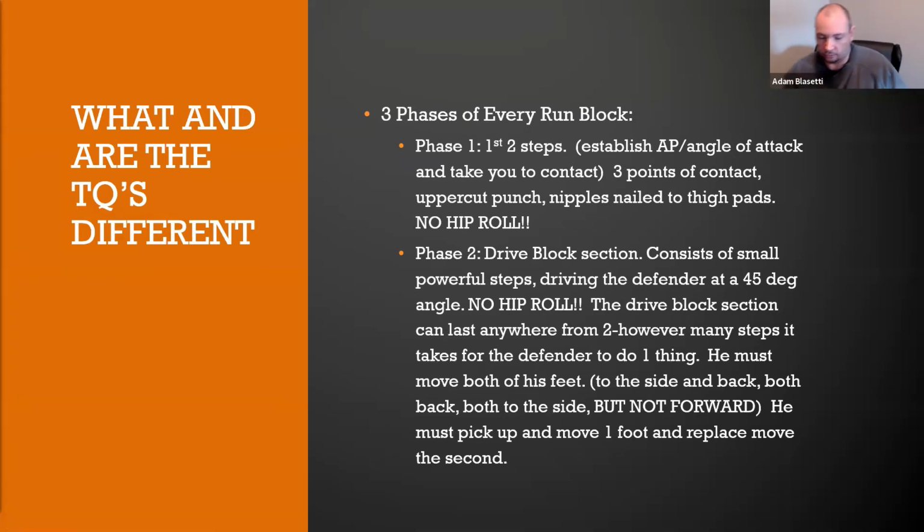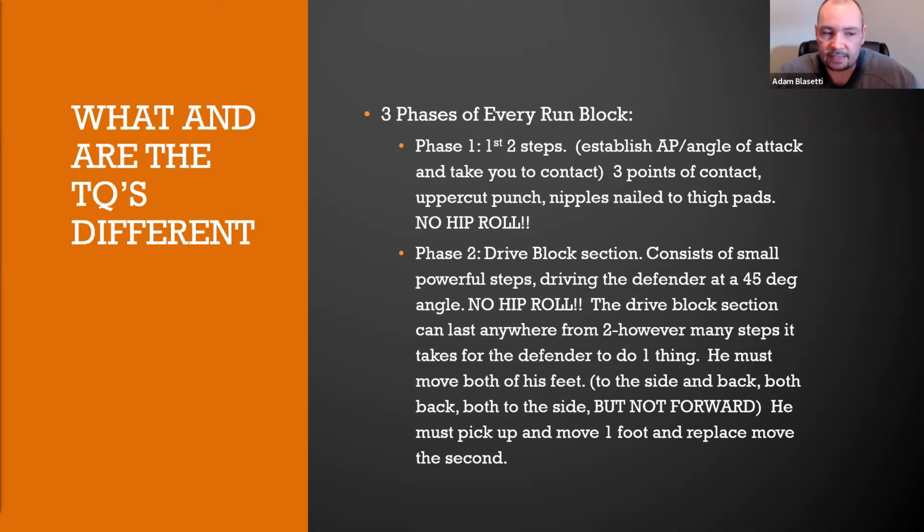Now, again, we want to capture that aiming point, that inside nipple. And what I try to tell my offensive linemen is we want our inside hand going into the inside armpit of that defender. It allows us to be able to control inside moves. So we throw an uppercut punch and try to clasp on that inside armpit. Our right hand, in this case, tries to go up underneath our chest plate in an uppercut punching motion.